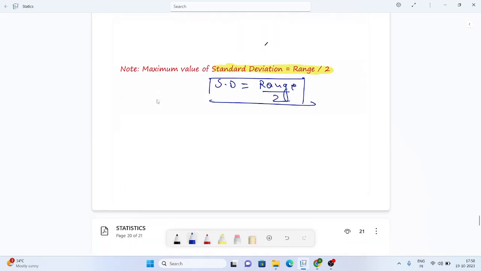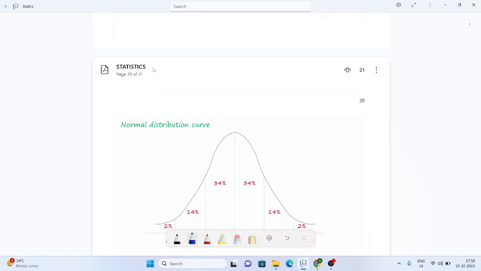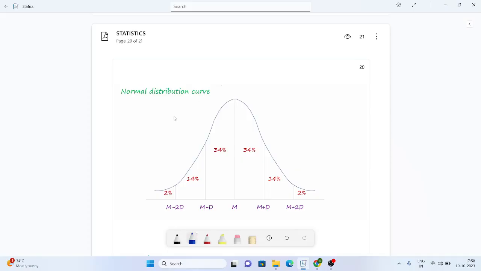Okay, so we come to the last concept, the normal distribution curve, or I say bell curve, because it is seen in the form of a bell. So what is this? This is the mean. If you deviate in the plus d direction and the minus d direction, you get 34% deviation. If you go plus 2d in the positive and negative direction, you get 48%, like this.